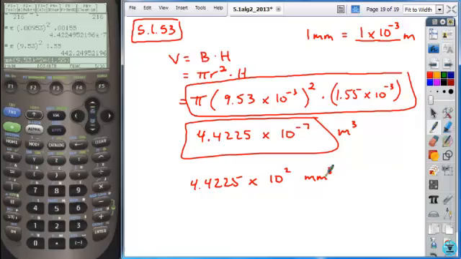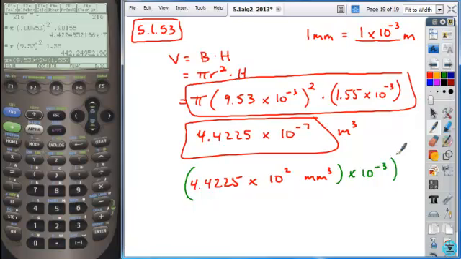But if you're doing volume, volume is how many dimensions? Volume is 3 dimensions, right? So what you're going to have to do on this is, instead of multiplying that whole number by 10 to the negative 3, you're going to multiply by 10 to the negative 3 for each dimension.